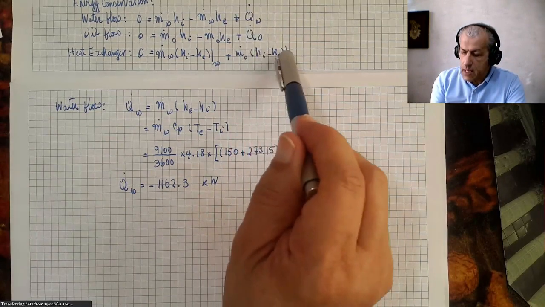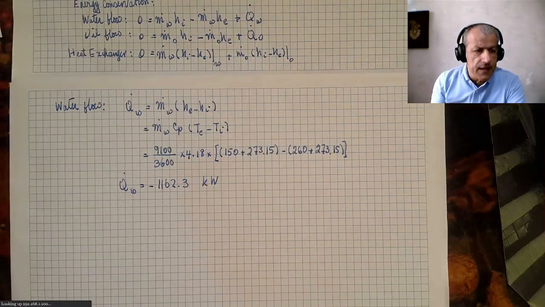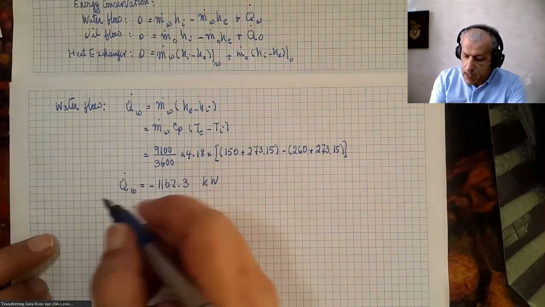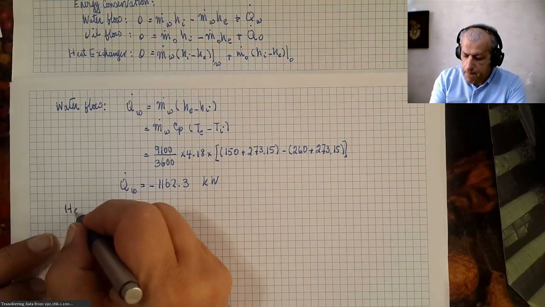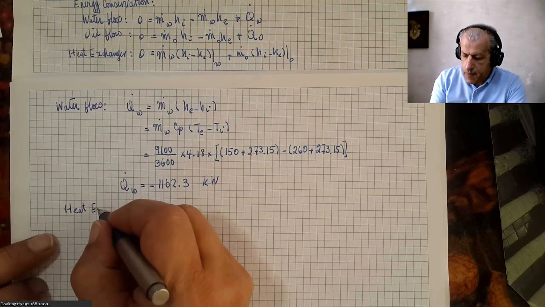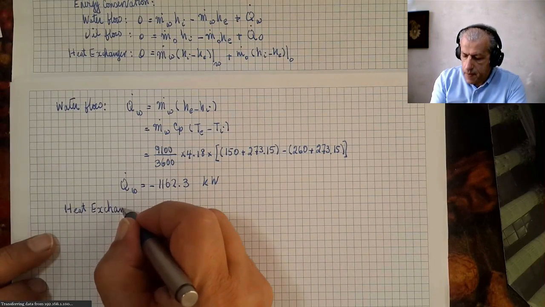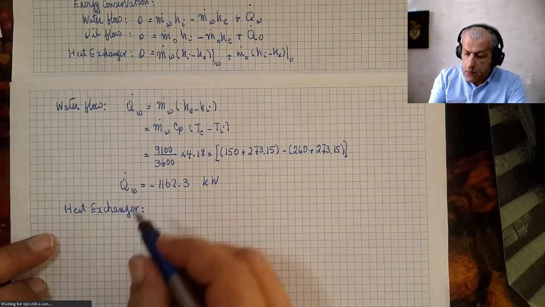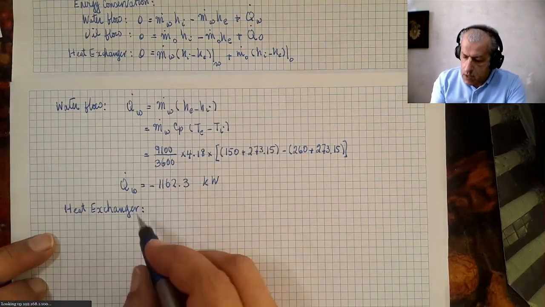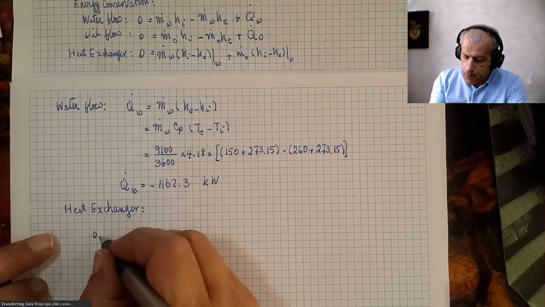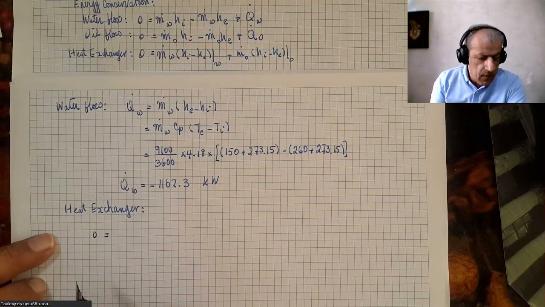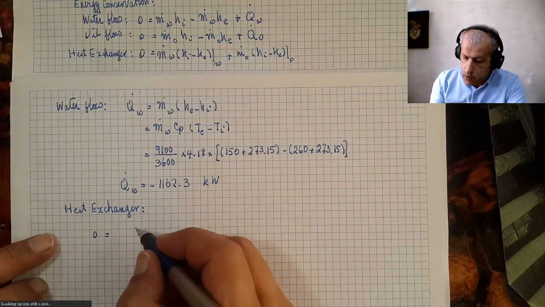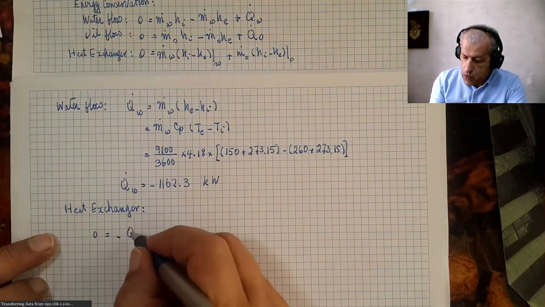So for the heat exchanger, we are writing this equation, which is 0 equals, now replace this one with Q dot water, which would be minus Q dot water.